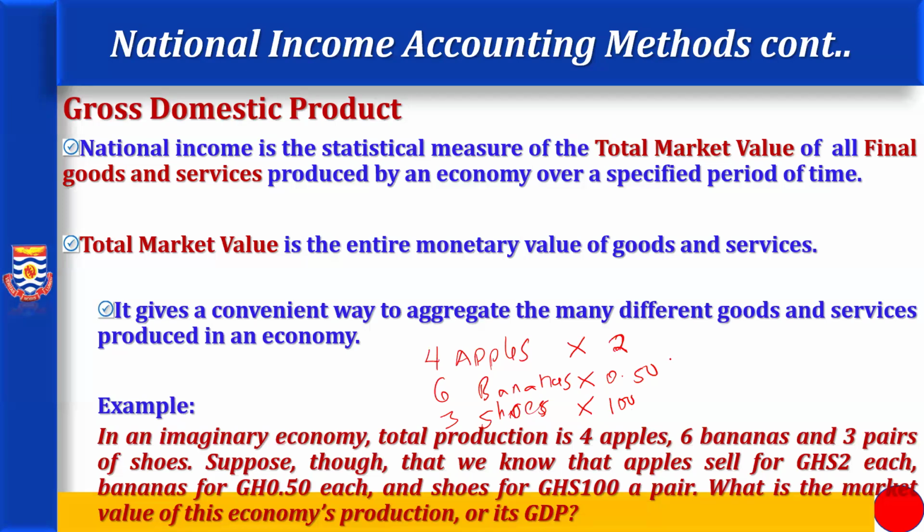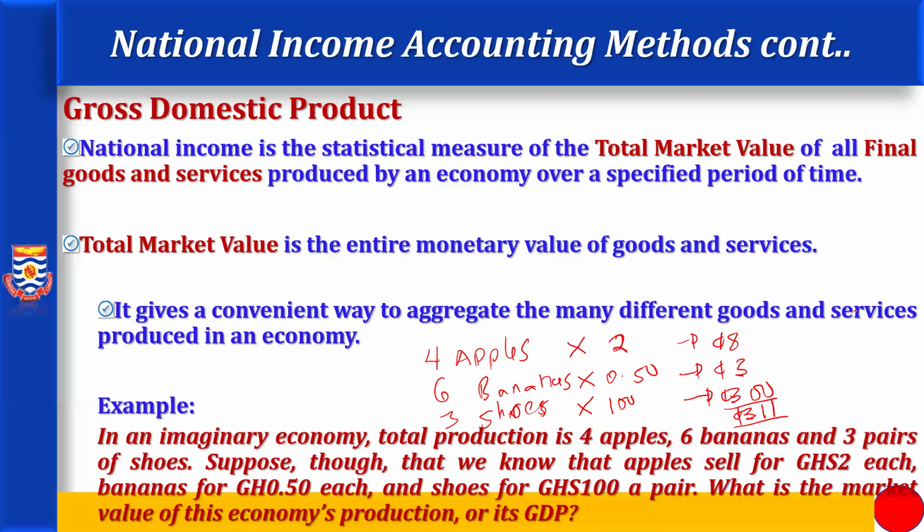What is the market value of this economy's production, or its GDP? 4 times 2 gives us 8 Ghana cedis. 6 times 50 pesewas will give us 3 Ghana cedis. And then 3 shoes at 100 cedis each will give us 300 cedis. So in total, we have 311 Ghana cedis.